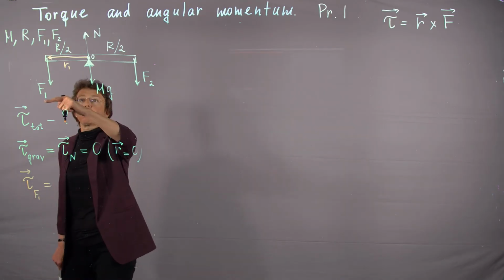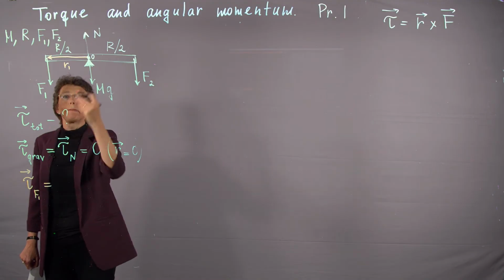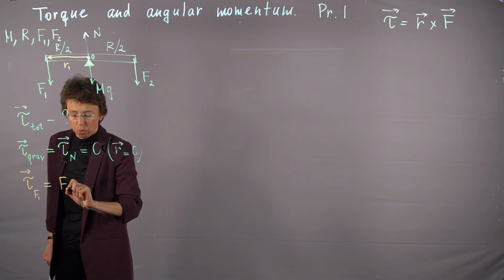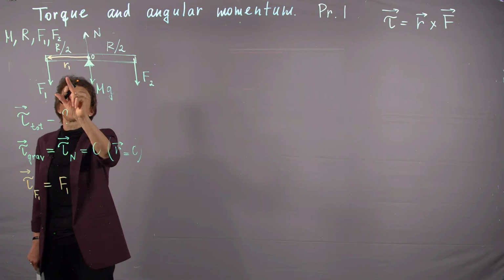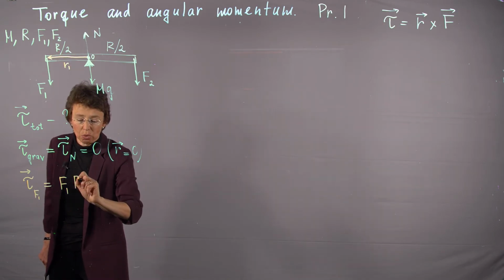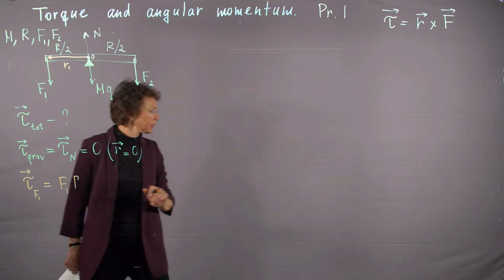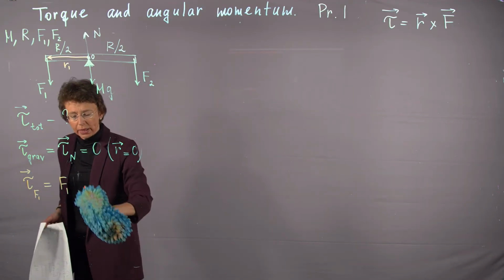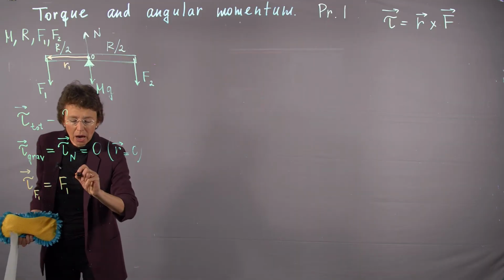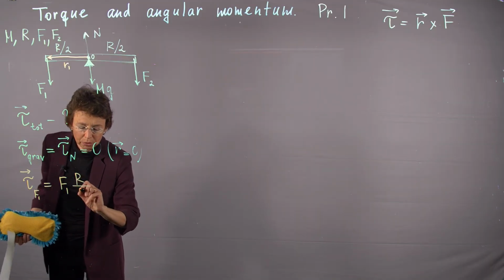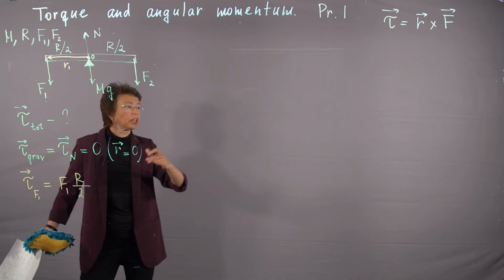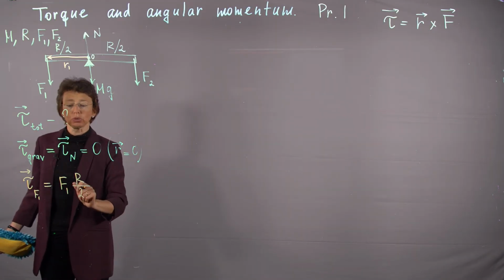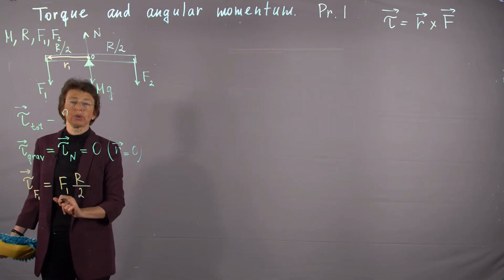I have F1 and R1 perpendicular to each other. Great. So the torque is F1 times the magnitude of R1, which is capital R over 2. This is the magnitude of torque: R times F, since they're perpendicular. All I need now is the direction.